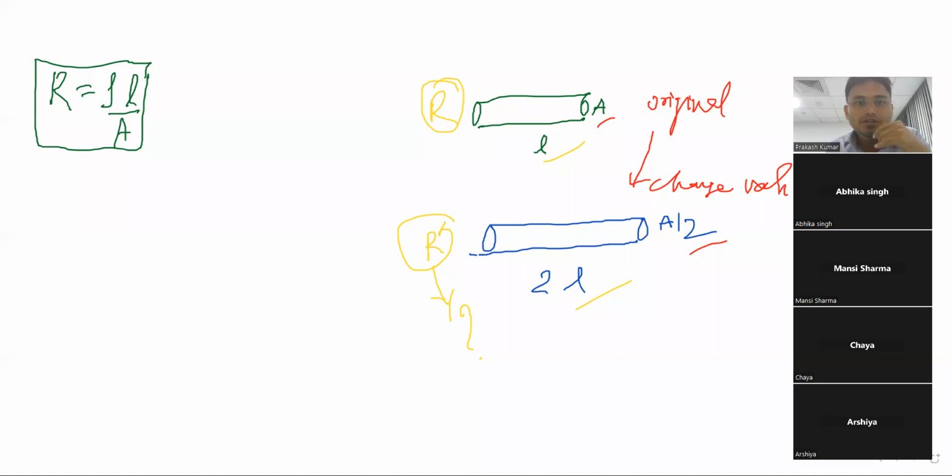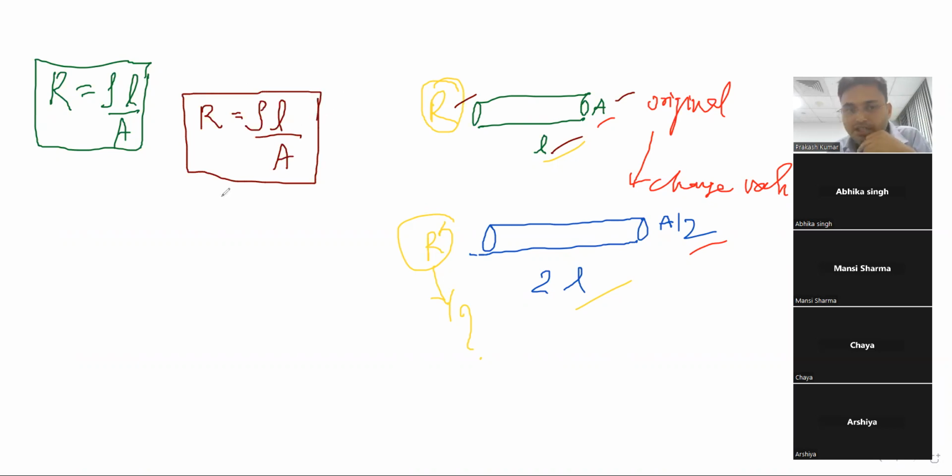See, you know this formula, R equal to rho into L by A. So here area is A, length is L, R is already given. So you will write R equal to some constant rho into L by A. This one is the original. Now it is asking you R dash. So you will write new resistance R dash will be equal to rho times the new length.